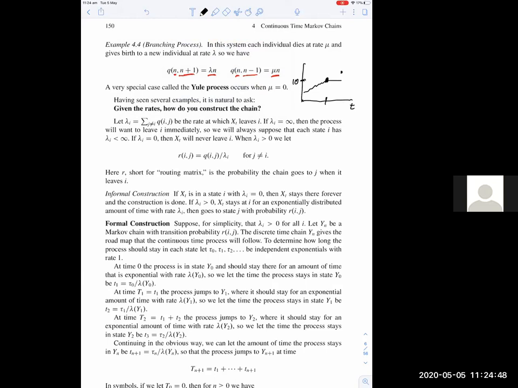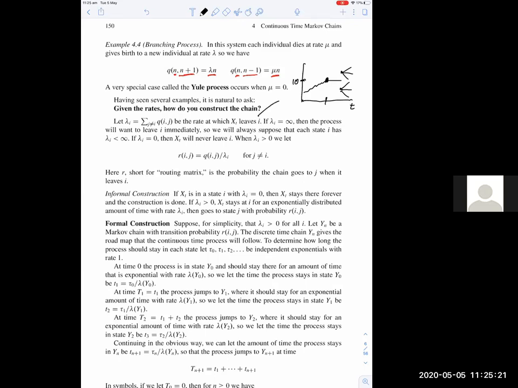So in every small time interval h, with probability lambda n times h we will go up, and with probability mu n, or mu 10, we will go down. We'll make a transition that goes either up or down, and the thing will continue.